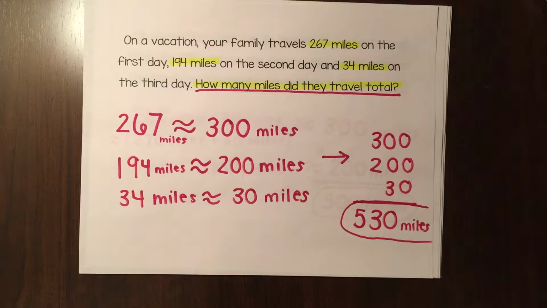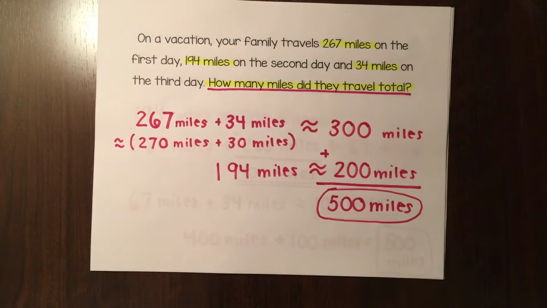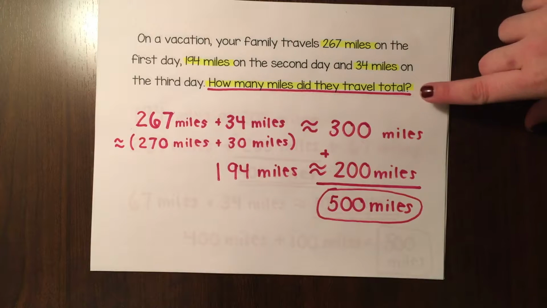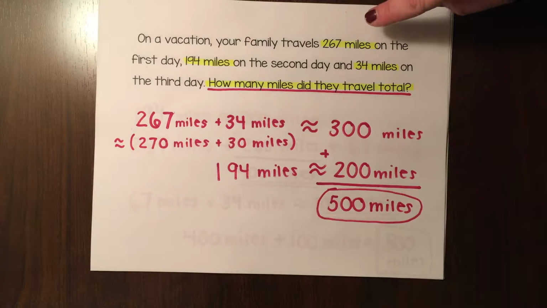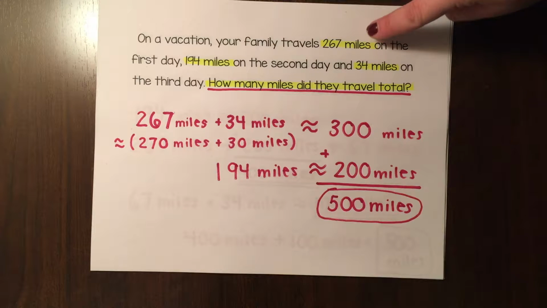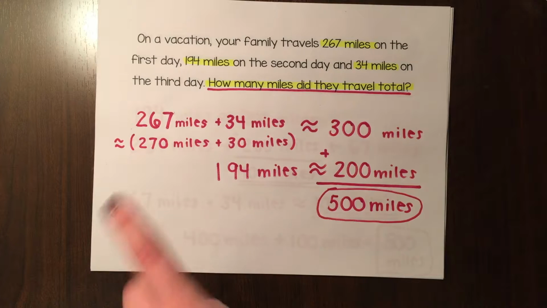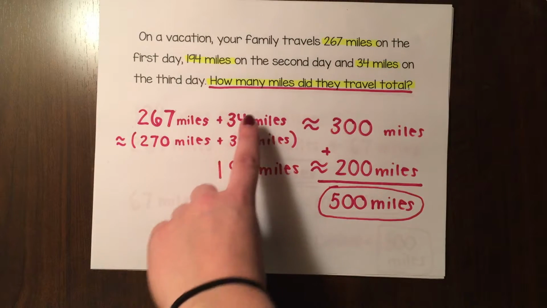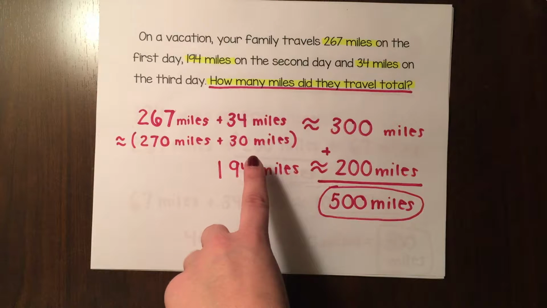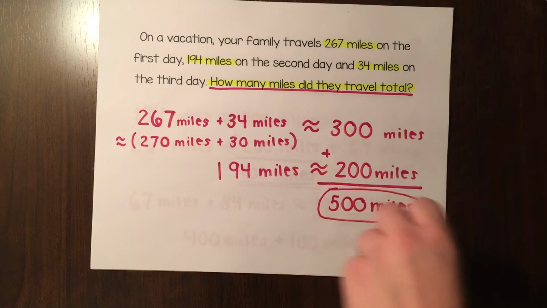A second way to look at this problem still involves finding how many miles they traveled total, but we can add 267 miles and 34 miles, thinking that 267 is about 270 and 34 miles is about 30, which together makes about 300 miles.